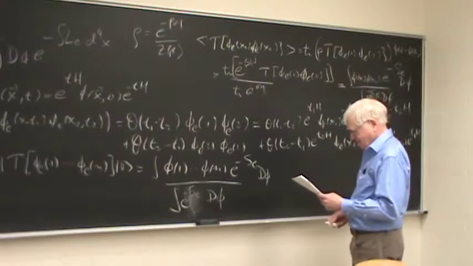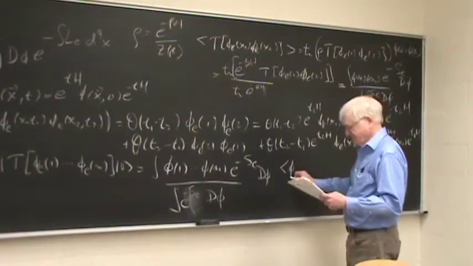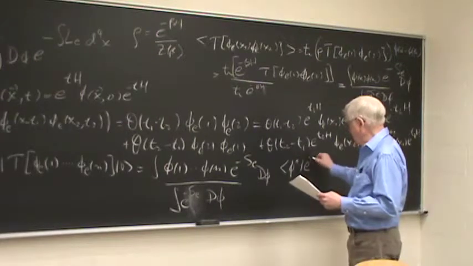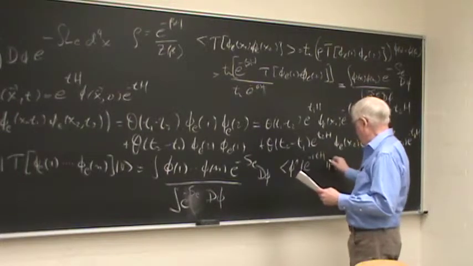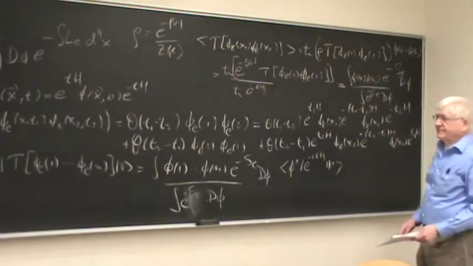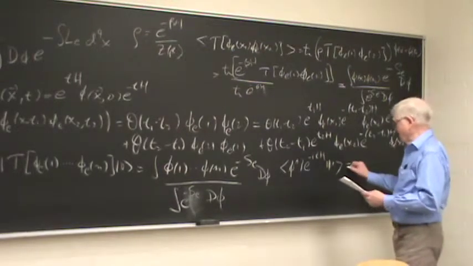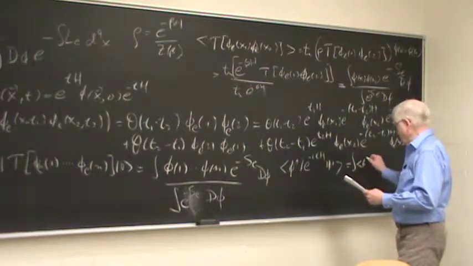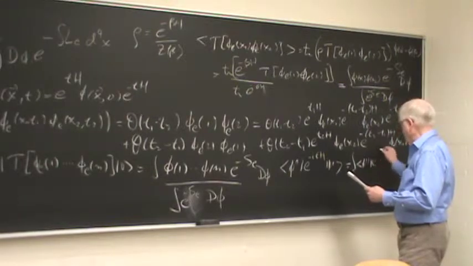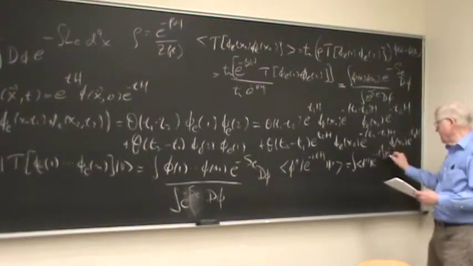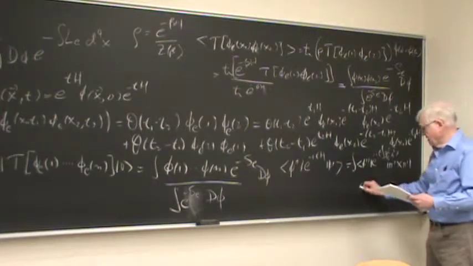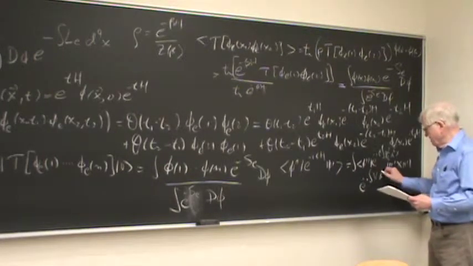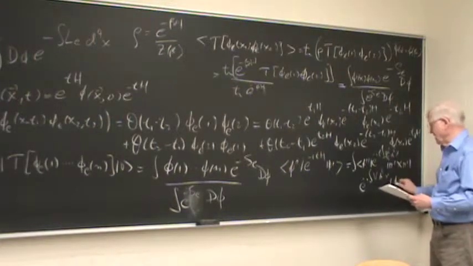All right, so here, what we're talking about then is phi double prime e to the minus i epsilon H phi prime. Well, this thing would be, of course, the integral of phi double prime e to the minus i epsilon integral of pi squared over 2 d cubed x, the pi states pi prime, e to the minus i integral of V d cubed x, and then phi prime.